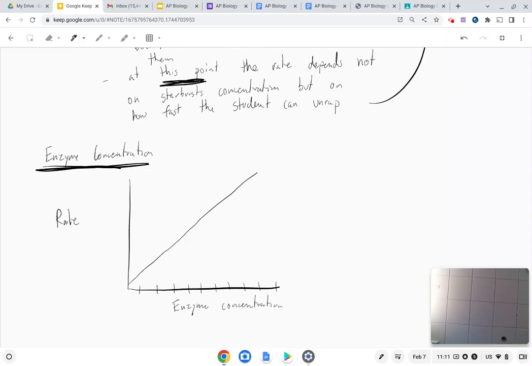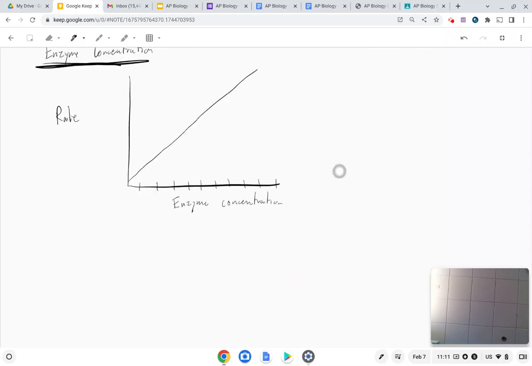Okay, so lastly is this idea of inhibitors. So inhibitors are molecules other than substrates that bind to the enzyme active site.